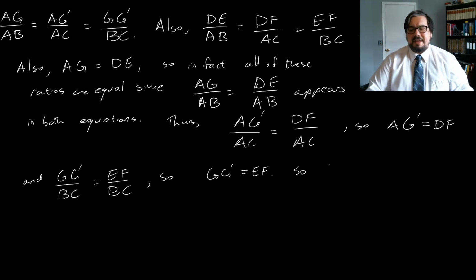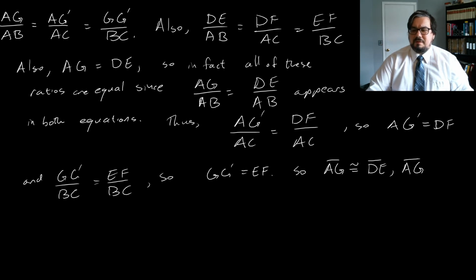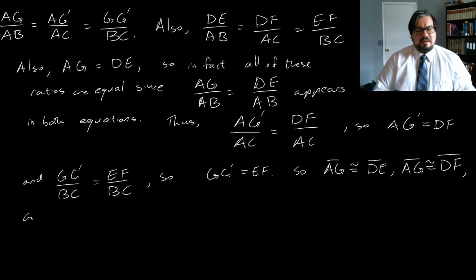So we have that AG is congruent to DE. We have that AG prime is congruent to DF. And we have that the segment GG prime is congruent to the segment EF.